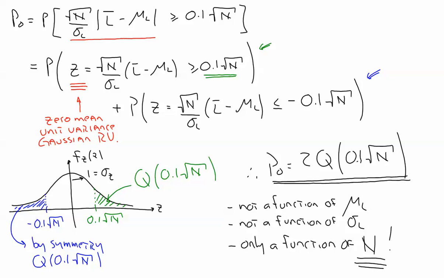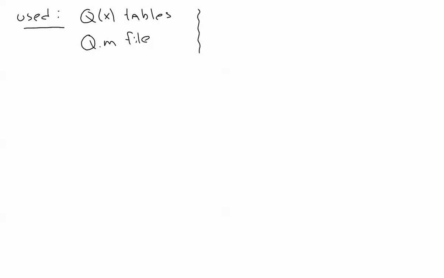All right. Well, so let's calculate some results. You can either use Q tables, like in the back of your book, or the Q.M MATLAB file I sent you earlier in the semester. But for this particular problem, remember, P0 equals 2 times the Q function of 0.1 square root of n.